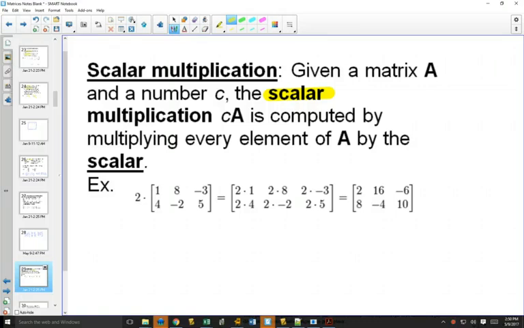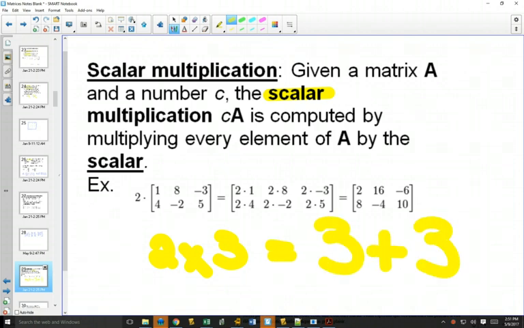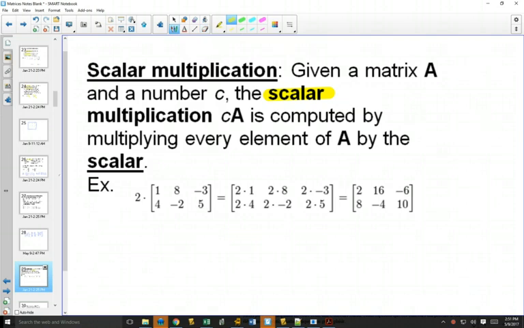And that's based on the same idea you had for multiplying regular numbers. When you learned multiplication, like grade 3, what did they teach you? What did 2 times 3 mean? 2 groups of 3. And so it was equal to 3 plus 3.